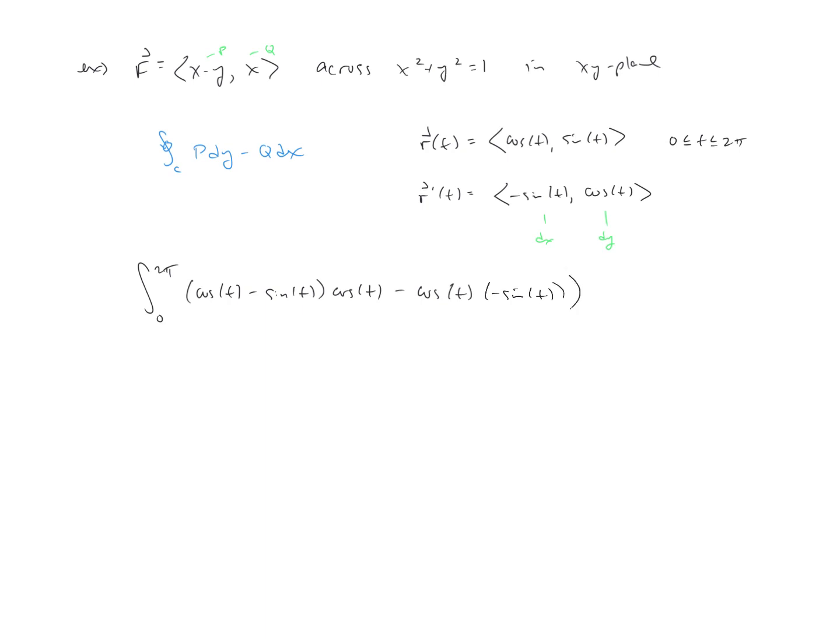And all of that combined with a dt on the back end, when we run this calculation, that's going to give us our flux. So this ends up being pi for our final answer.